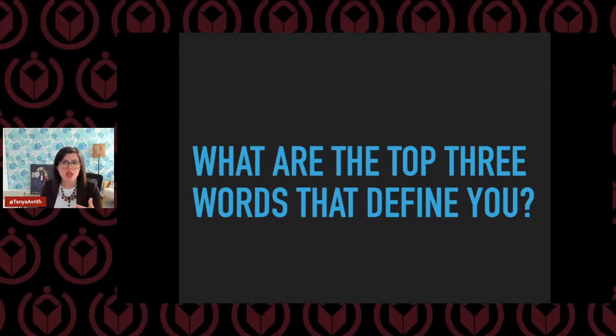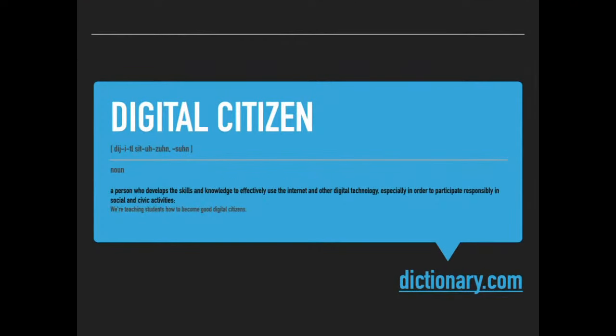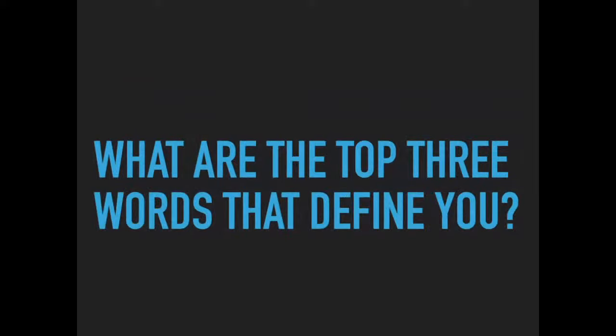Yes, it means, you know, here, let me go back for a second. It means a person who develops the skills and knowledge to effectively use the internet and other digital technology, especially in order, I like this part, to participate responsibly in social and civic activities. Okay, to participate responsibly. All right. Now, when we think about that for a second, and we say, well, what are the words that define us? That's a really powerful statement to ask kids.